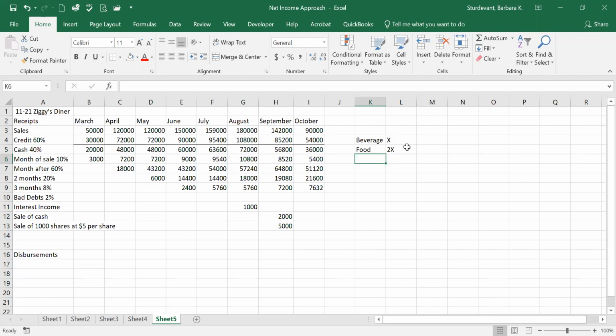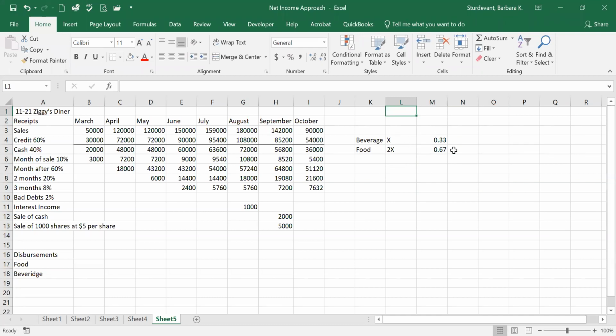Yeah. Okay. So when we go down here, the first thing we're going to do is split those sale numbers between food and beverage. So if the total is equal to 1, that means that this is going to be 0.33 and this is going to be 0.67, because we have a total of 3 parts.